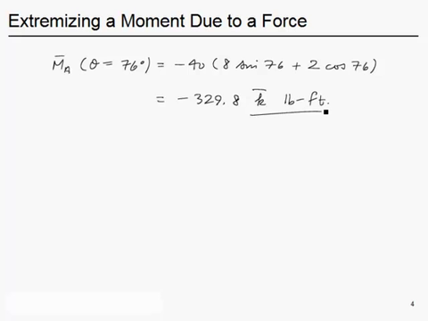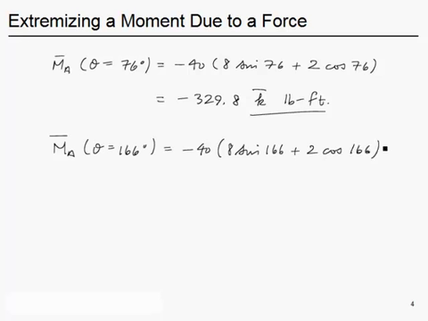If we look at the min, M_A at theta equals 166 degrees, we get minus 40 times (8 sine of 166 plus 2 times the cosine of 166). We have to be careful to carry all the signs through this calculation.